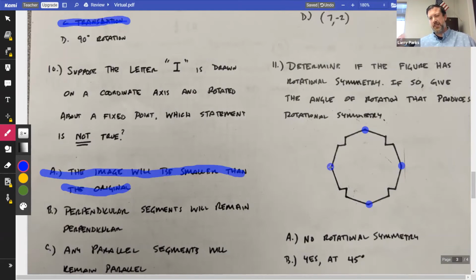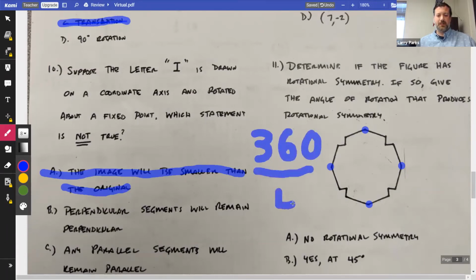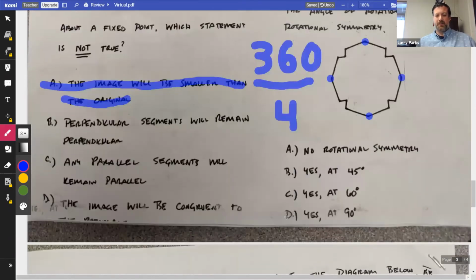So the formula is you take 360 divided by the order. We call this 4 because it would take 4 rotations to get back to the original. So you just take 360 divided by 4, which is 90. Super easy. That'd be this one.